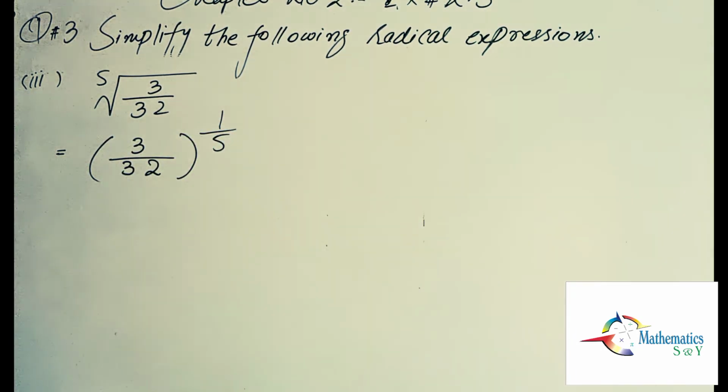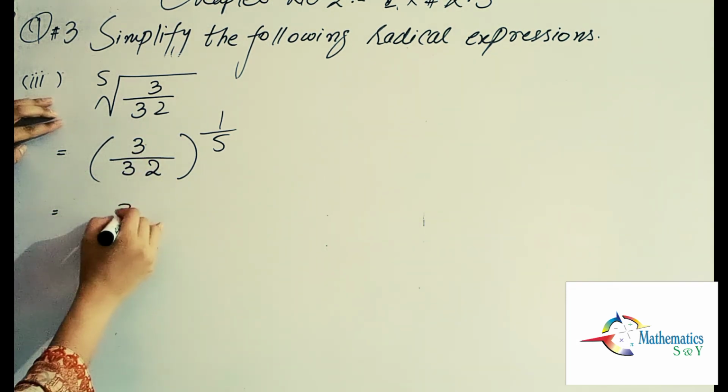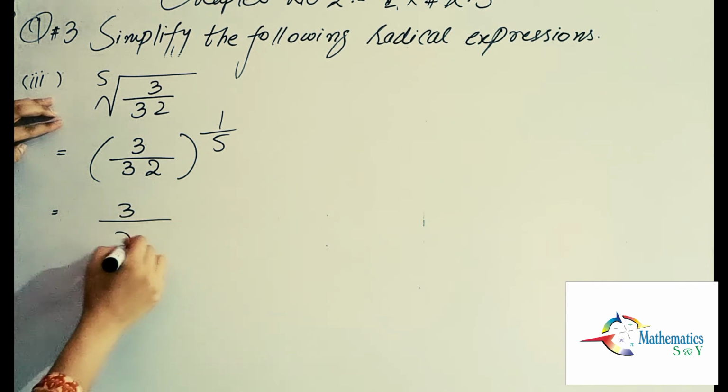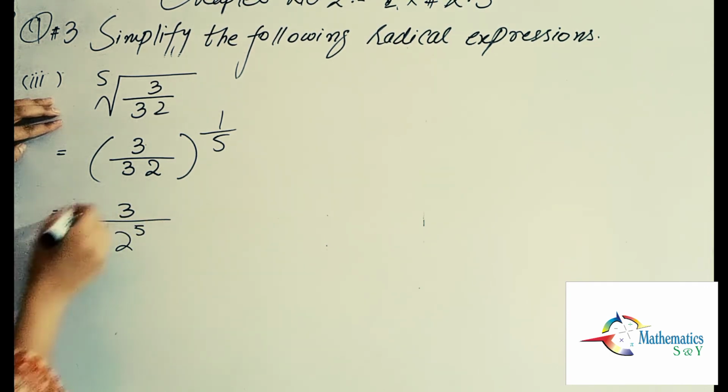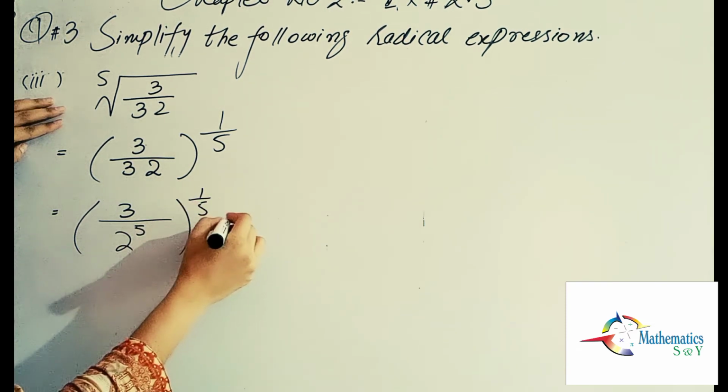Now you can see from here that I cannot make the factors of 3, but I can make the factors of 32 that I have made previously, that is 2 raised to power 5. How many 2 is there? That is 5 times. So I can write this as 3 as it is and 2 raised to power 5. Its power is 1 by 5.